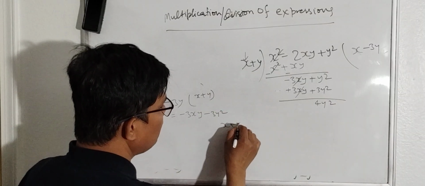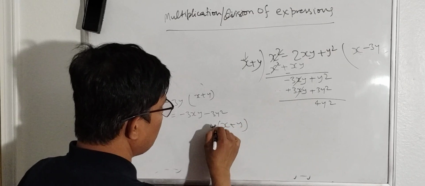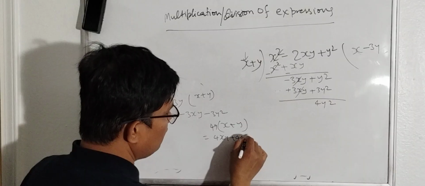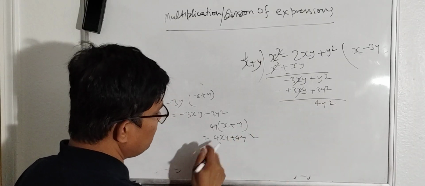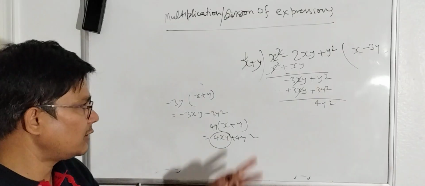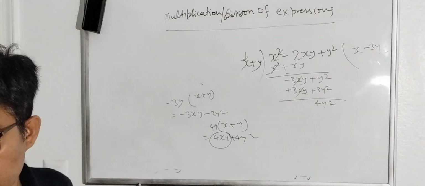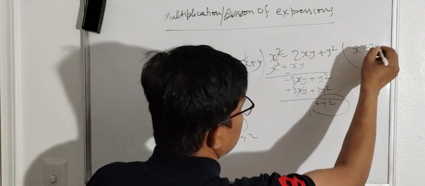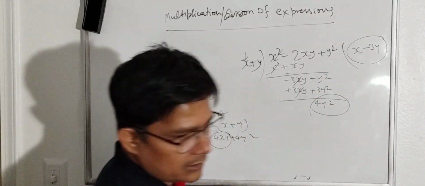So x plus y multiplied by 4y will become 4xy plus 4y square. I can eliminate this 4y square, but what will I be left with? 4xy. So you can do that or you can stop here. Okay. So your answer will be, this is the remainder and this is the value of the division.